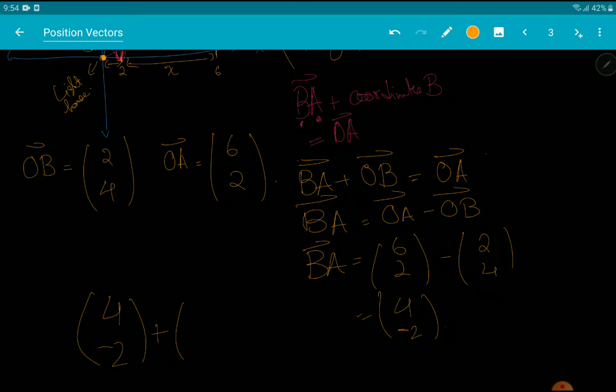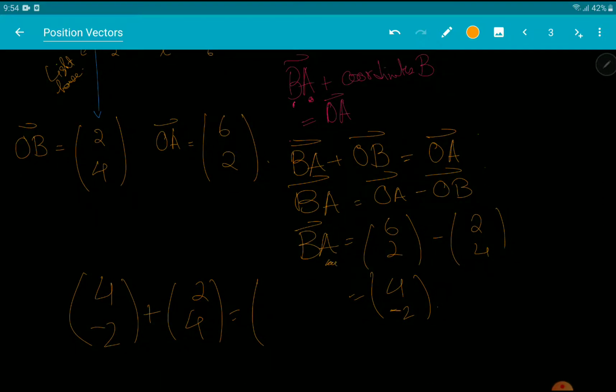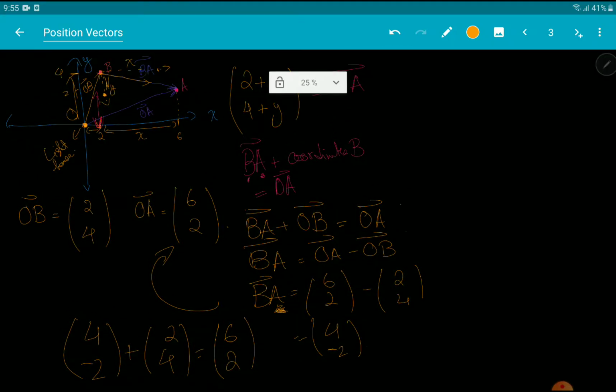The initial point is B. If you were to add this vector to the initial point's coordinates, which is 2, 4, it would give you the coordinates of the final point that this vector BA is taking you to. So this would give 6 and 2, which is just the position vector of OA, or the coordinates of A, right?